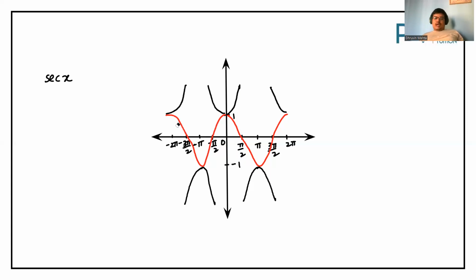So this graph which is in black, this is sec's graph. Yes, sir. Right, then we take the last one which is cosec, and then we mention domain and range for all.